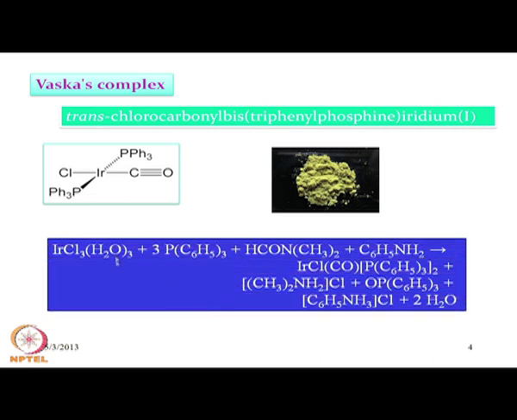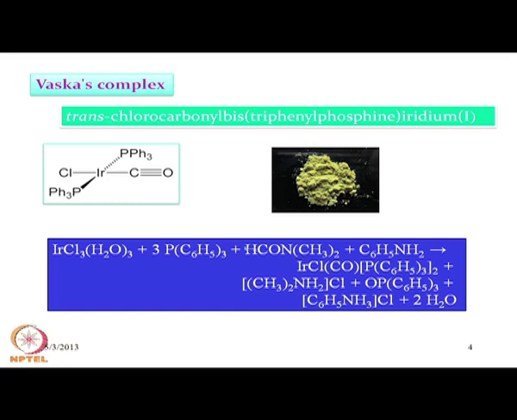And this particular species, like that of the previous compound where we have been preparing the corresponding Wilkinson catalyst from the rhodium chloride, similarly we can now take iridium chloride, but now instead of taking any aldehyde to the system, we directly react this with triphenyl phosphine and dimethyl formamide, which is a very useful organic non-aqueous solvent well known to us, the dimethyl amide of formic acid.